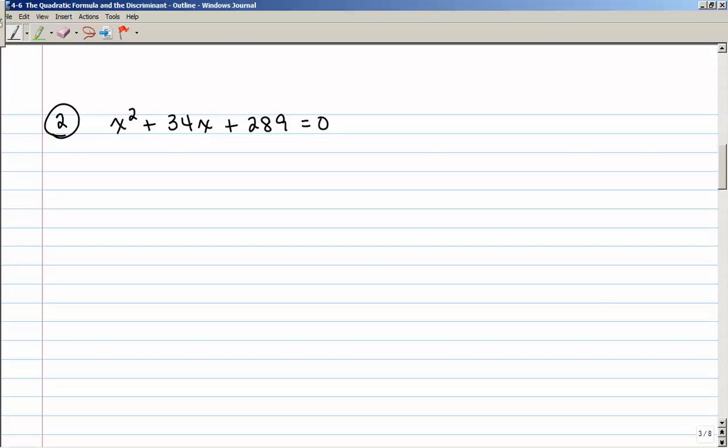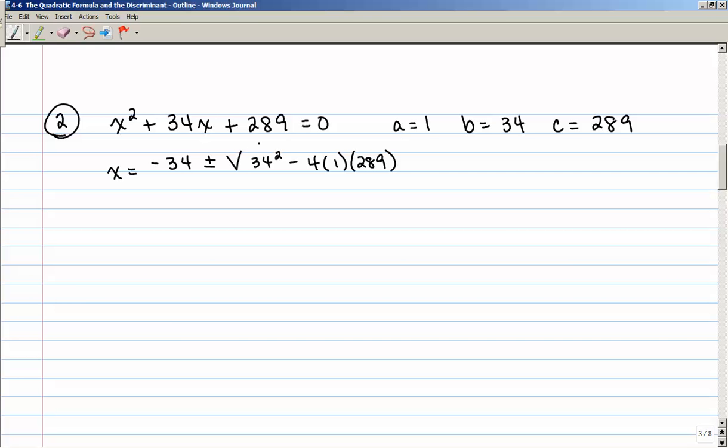Okay, let's try it with this one. You might need a calculator. So, x equals, let's identify a, b, and c. A is 1, b is 34, and c is 289. So x equals negative b plus or minus the square root of b squared minus 4 times a times c all over 2a.